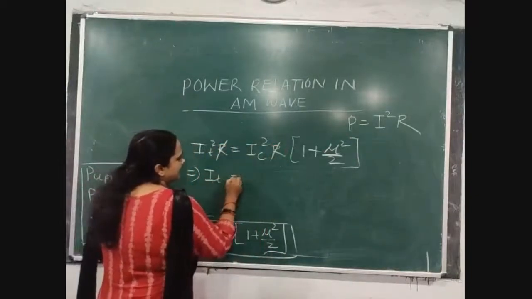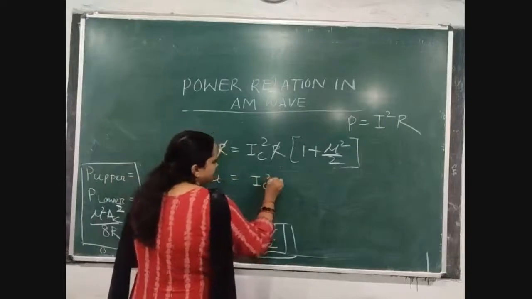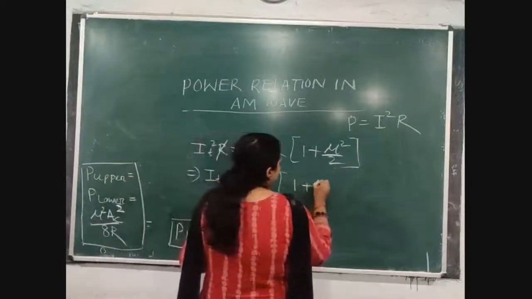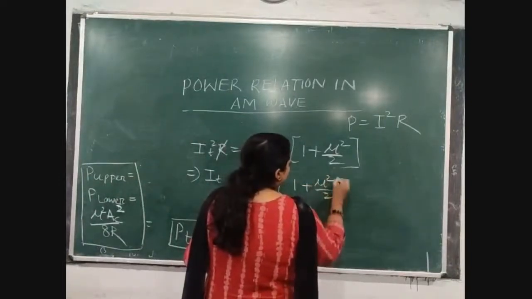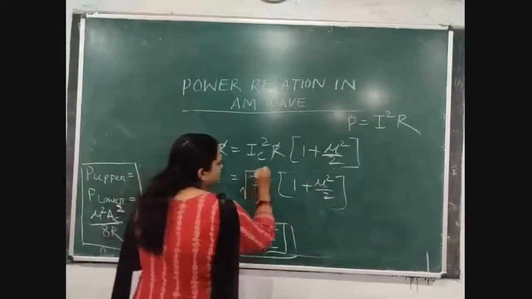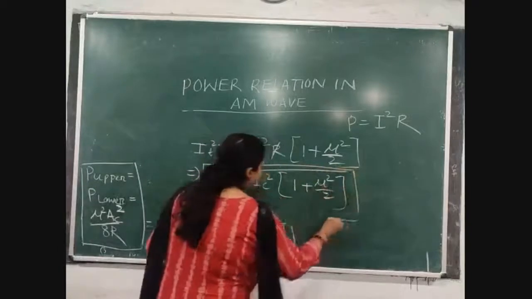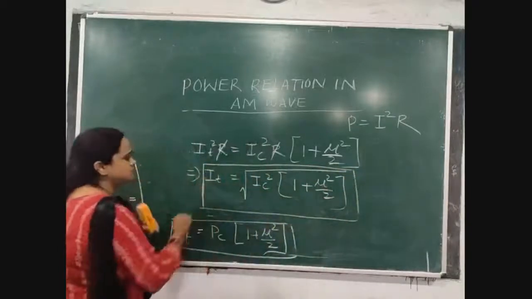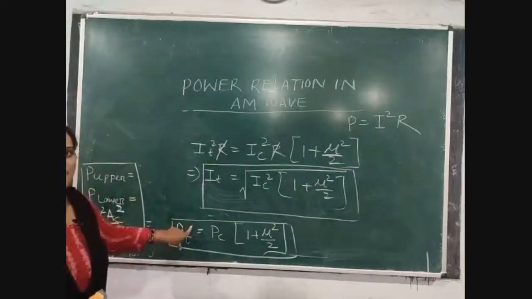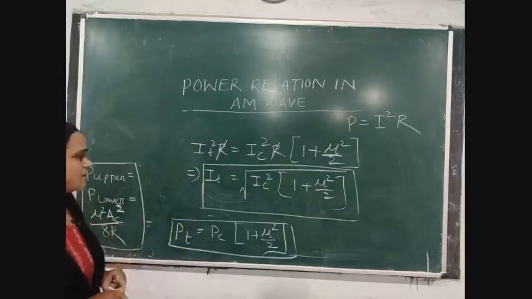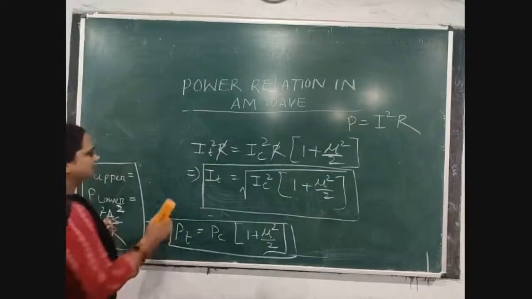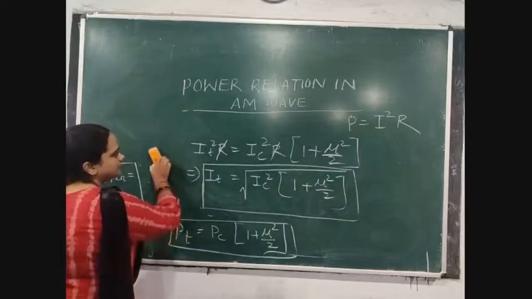IT equal to IC into the whole root of 1 plus mu square by 2. So this one is the current relationship. But in your course you have only the power relationship. So now we discuss some related problems of power relation.